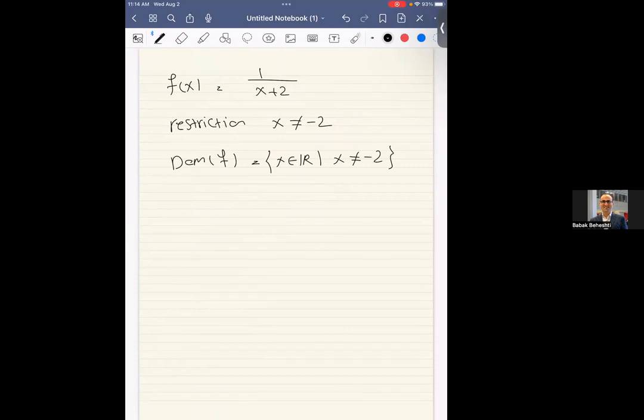Okay, so that means if you have a fraction, like a rational function, we call this type of function a rational function. The only restriction is that the denominator for a rational function cannot be 0.